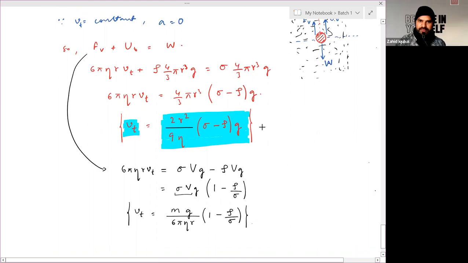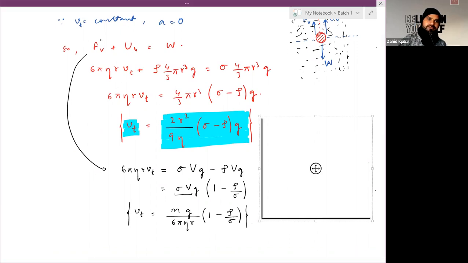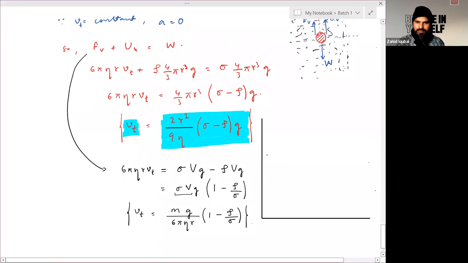Now there will be a graph related to this entire expression. Let's say this is any constant velocity that the object will attain after some time, which is also called terminal velocity.